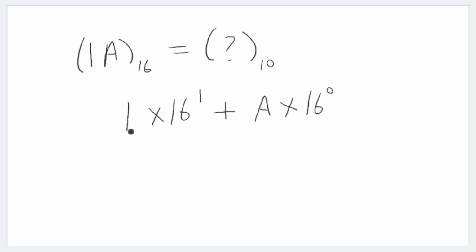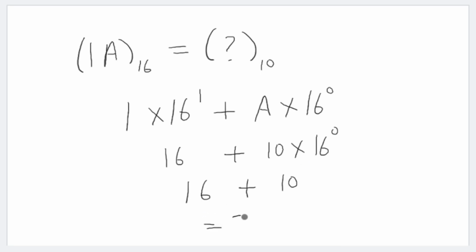And then this will be 16 and here we'll have to say 10 instead of A and then we'll do the multiplication. So we'll get 16 plus 10 into 1 because any number raised to the power 0 is 1, and finally we'll get back 26.